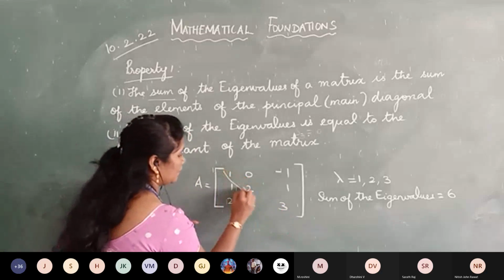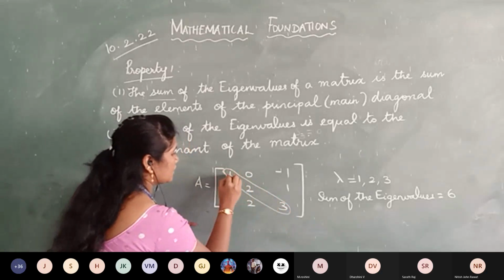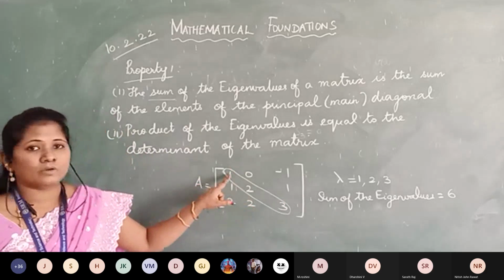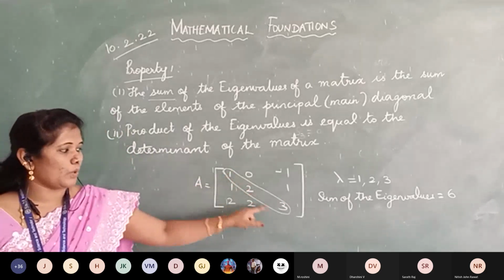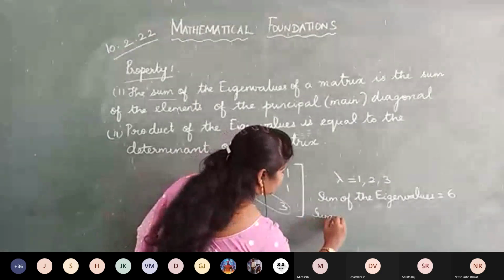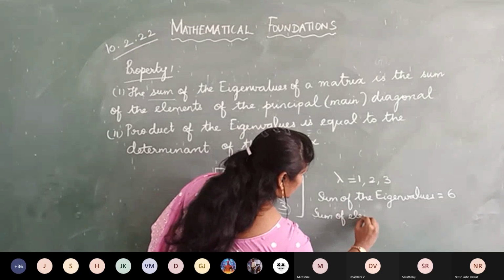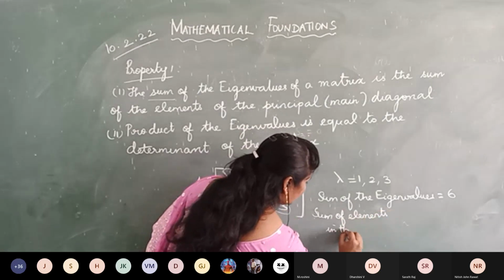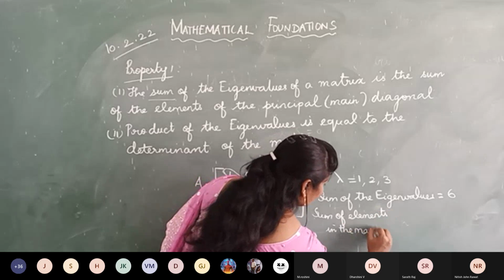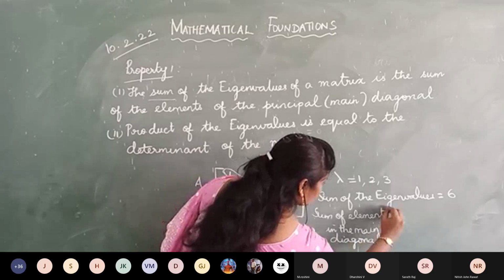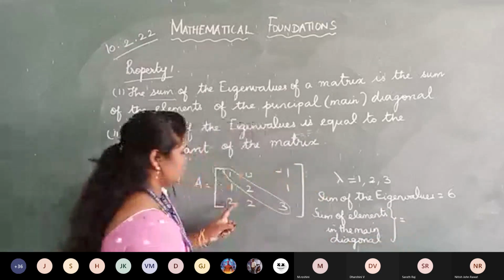So this will be your main diagonal. Here your main diagonal values are 1, 2, and 3. So here again you find the sum of the elements in the main diagonal, which is also equal to 6.